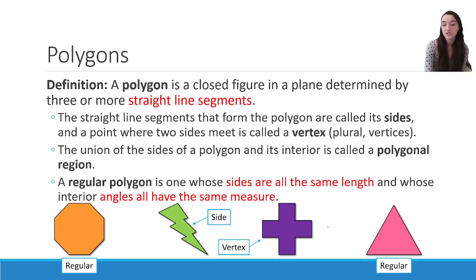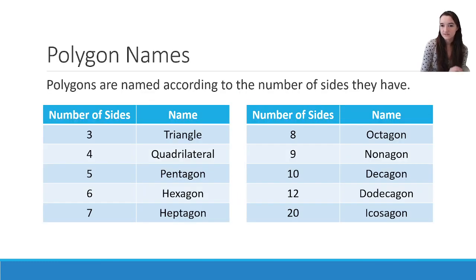Though the plus sign is actually a dodecagon, but if I called it a 12-gon, or I called an icosagon a 20-gon, people would generally understand what you meant. So if you forget the name of any of these, especially these larger numbered ones that we don't run into as often, you can just refer to it as whatever the number of sides is, gon, and that's totally fine.